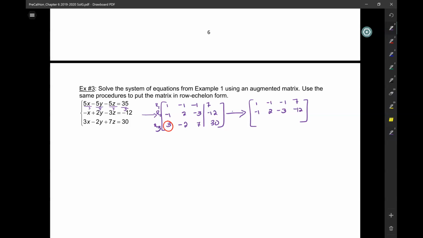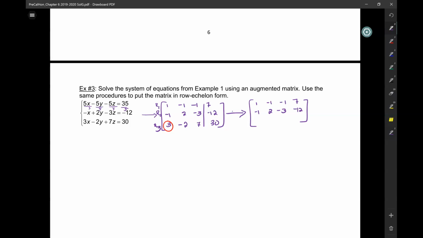Okay, how do I make that 3 into a 0? How can I combine? So here's what I want you to do. Look only at the first column. How can I combine the 3 with one of the other numbers in order to get a 0? Multiply row 2 by 3 and add it to this, right?